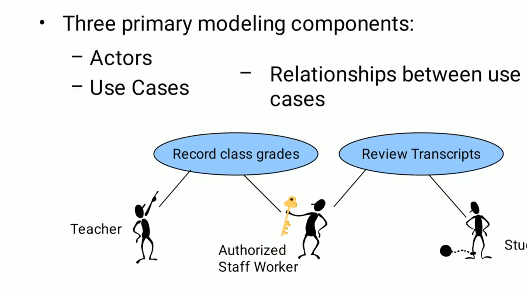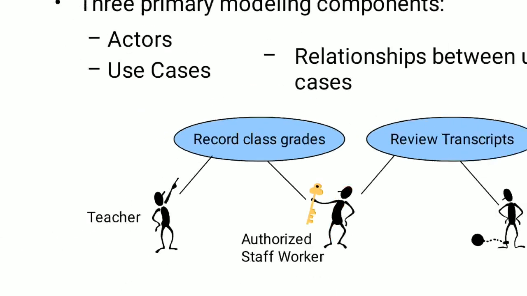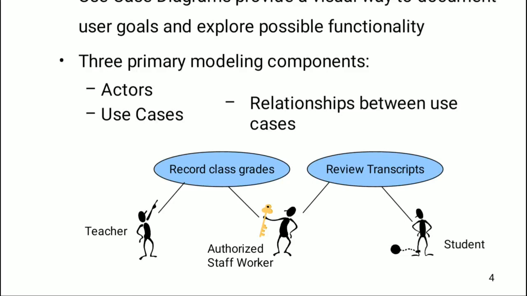Record class grades. So this action or work that they have to complete, those particular actions are associated through this particular straight line. This is the line of association, and this is done by the teacher. So the teacher is associated with this particular use case. Likewise here also the authorized staff worker is associated with your record class grades.